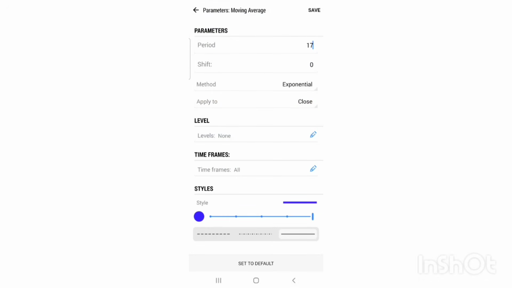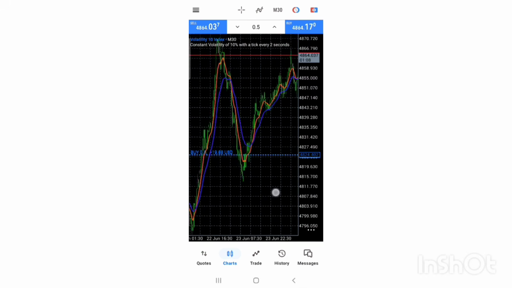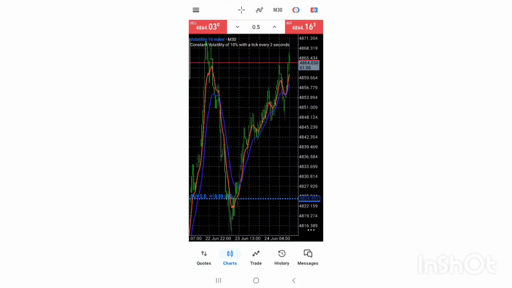So click on done. We go back, and we are done. This is exactly the 2 exponential moving averages that you need for your entry confirmation, either for swing, intraday or scalping trading.